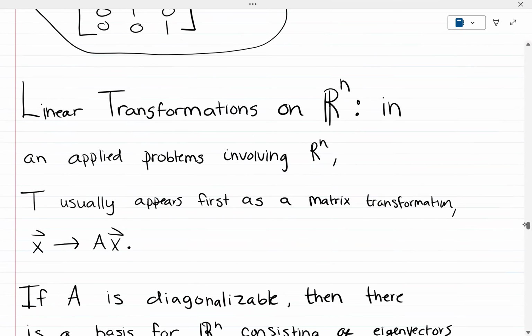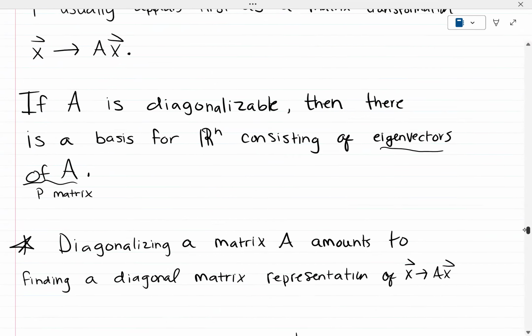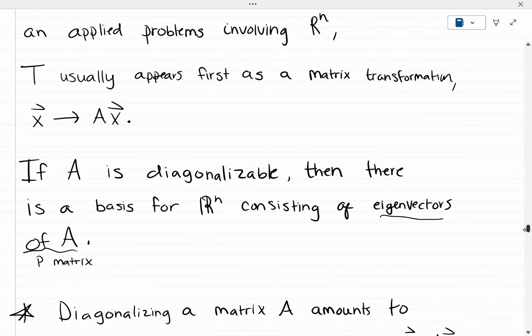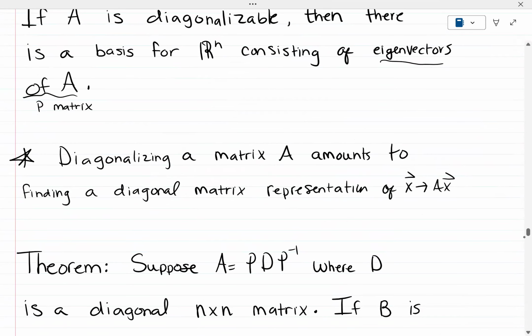Okay, so now let's talk about linear transformations of R^n. In problems involving R^n, T usually appears first as a matrix transformation, so vector x goes to A times vector x. If A is diagonalizable, then there is a basis for R^n consisting of eigenvectors of A. Diagonalizing a matrix A amounts to finding a diagonal matrix representation of x goes to A x, right?